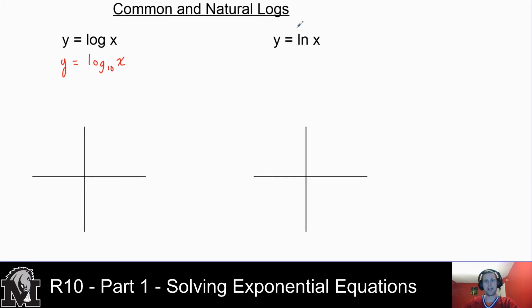And then we have the natural log, and this one doesn't even look like it's a log, it just says ln, but that means the natural logarithm. And that actually has a base of e. So y equals log base e of x. And I'll talk more about e later. That's a pretty substantial number when we're thinking about natural growth or decay and that sort of thing.